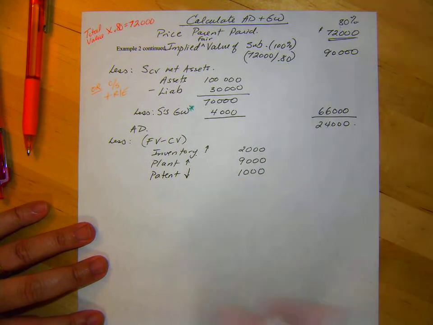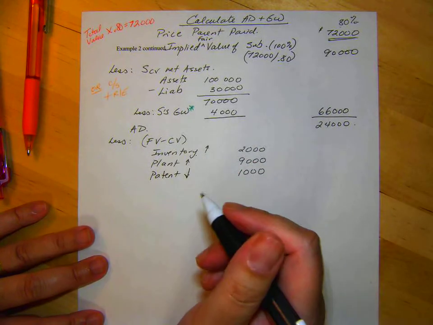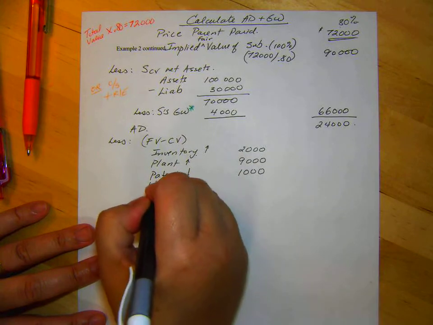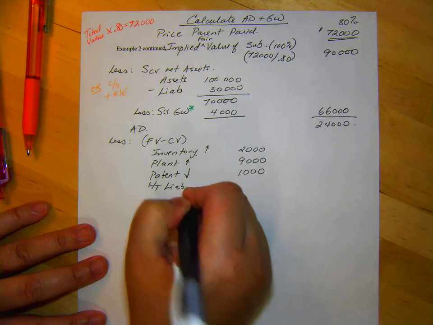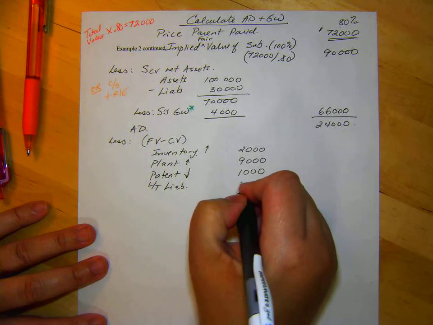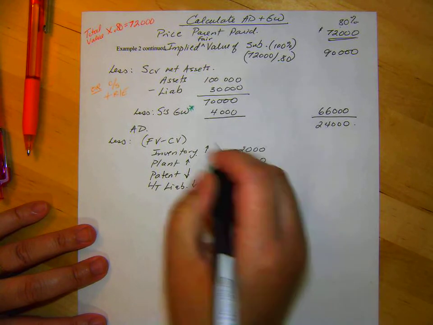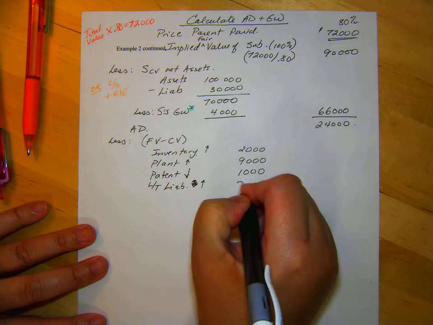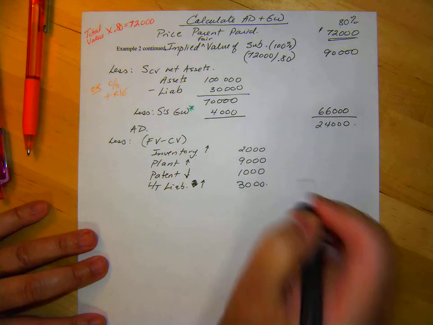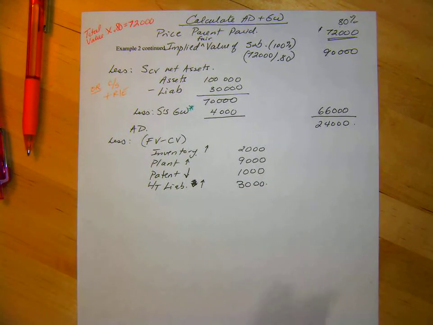Don't put the debits and credits on yet. I mean, of course you can if you want. Long-term liability went up 3,000. And is there anything else we have in there?